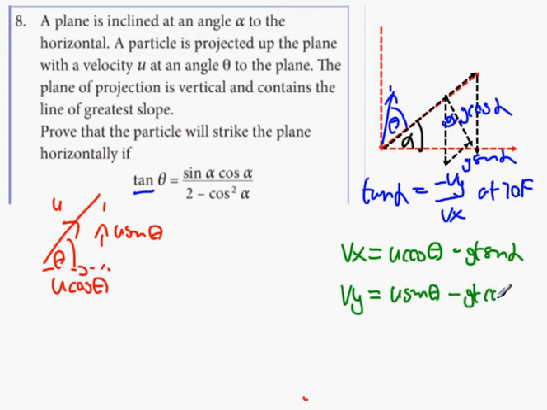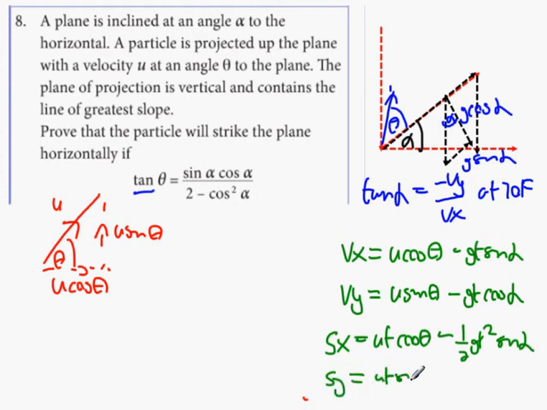Sx equals u t cos theta minus a half g t squared sine alpha, and then Sy equals u t sine theta minus a half g t squared cos alpha.